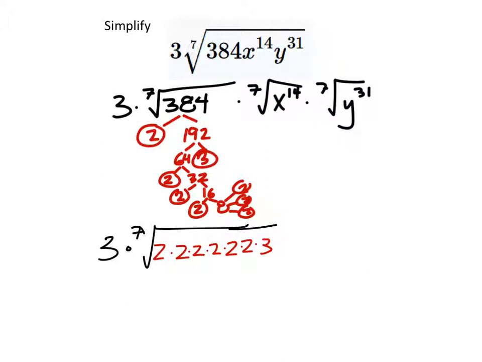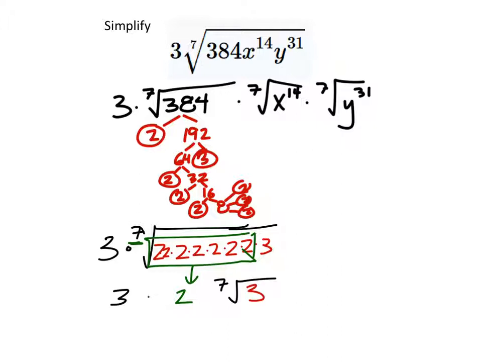Since this is the 7th root, I need a group of 7. I didn't write enough 2's, did I? No. I need another 2. I need 7 2's in this case in order to pull one 2 out of this thing. So I've got 3 times 2 times the 7th root, because we still have that 3 that was left over.